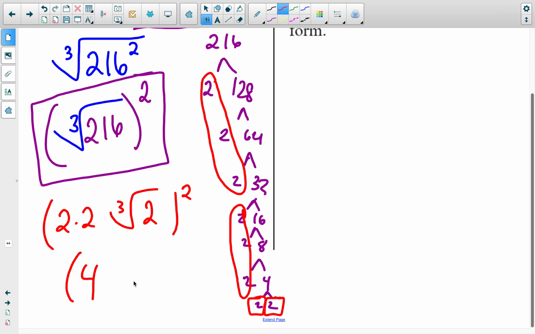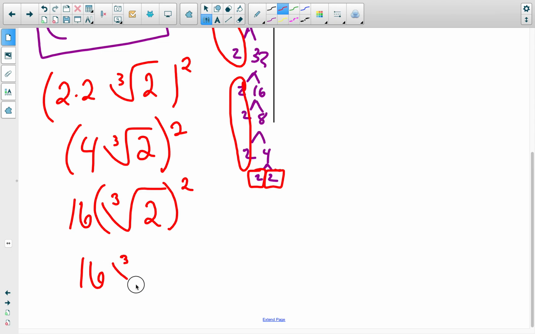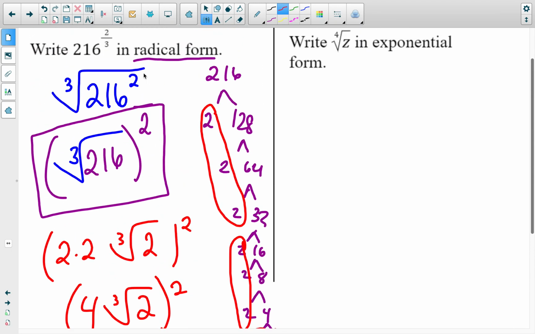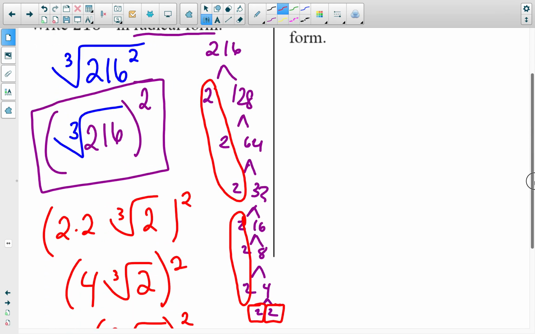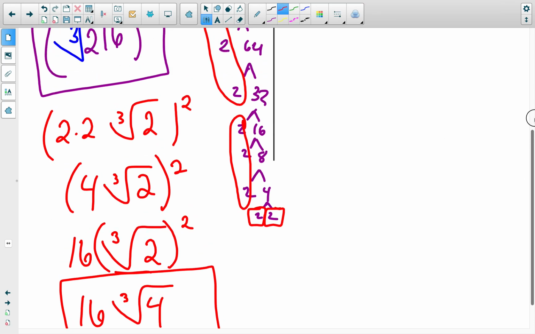So we really could think of this as 4 cubed root of 2 squared, which then becomes 16 cubed root of 2 squared, or 16 cubed root of 4. But again, you could just stop right there. If it said to simplify, then you should simplify. And it doesn't hurt to go further than we need to.